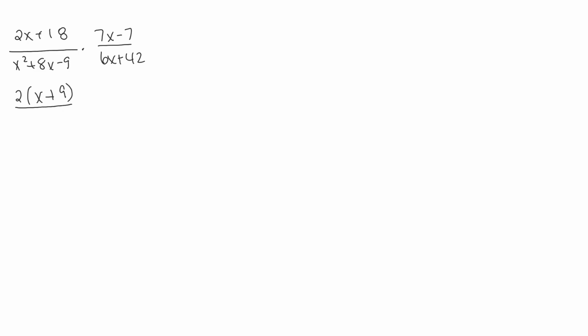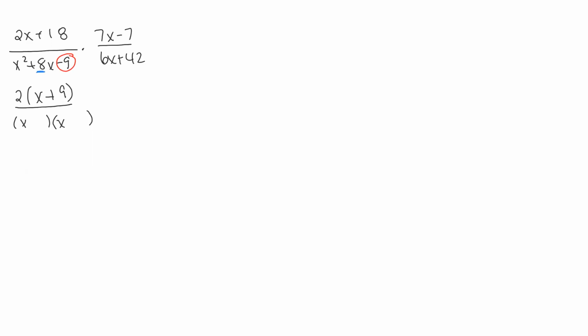Now, in the denominator, I have a quadratic trinomial. And this particular quadratic trinomial, the coefficient on the squared term is 1. This is kind of the easy factoring. We can go ahead and start 2 binomials. Each of those are going to start with the variable x. And then what we want to do is we want to find factors of -9, so one positive, one negative, that have a sum of b, the coefficient on x.